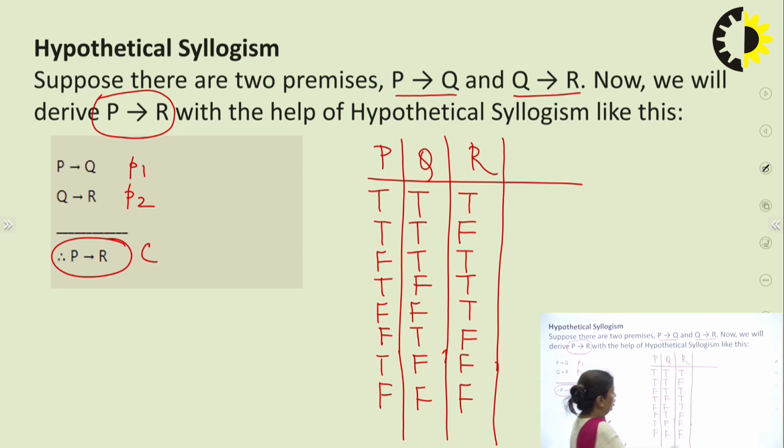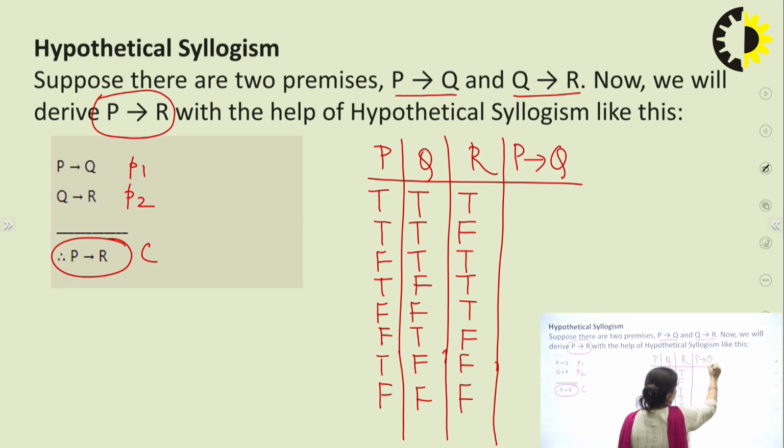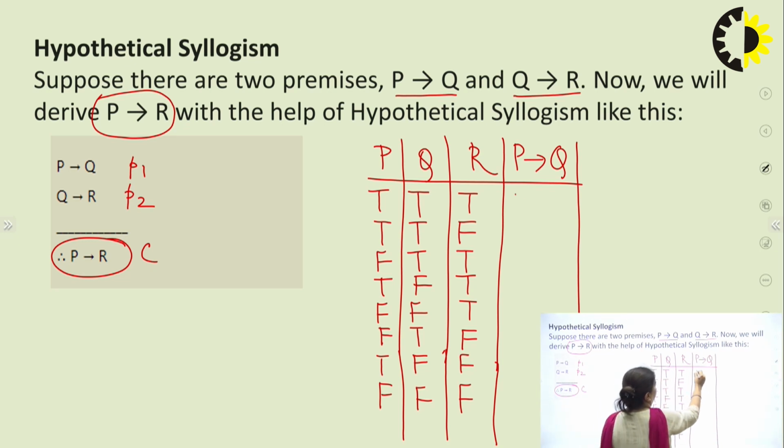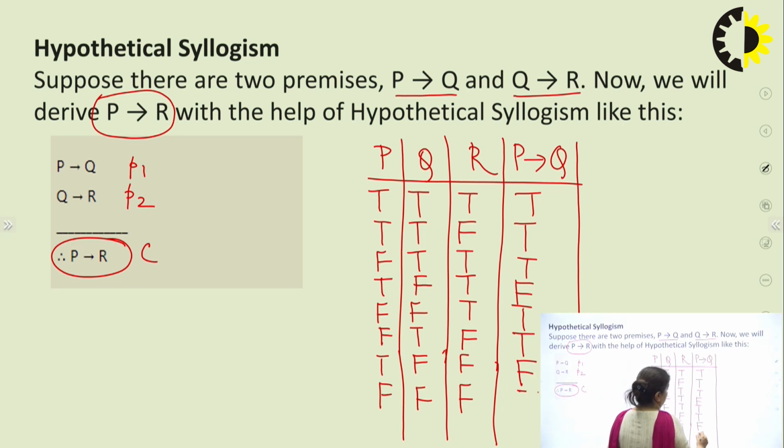Now, first I'll draw the column for my first premise, that is P implies Q. So, P implies Q, both are true, I'll get a true. First false, second true, again I'll get a true. First true, second false, then I'll get a false. Both false, it's again true. False true is true, true false is false, and false false is true.